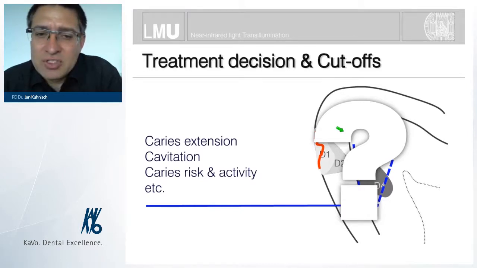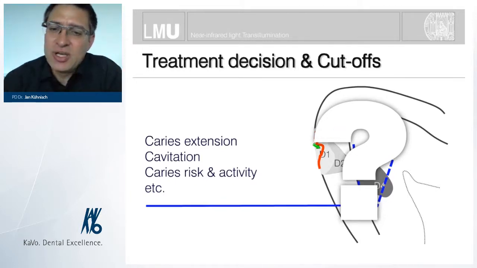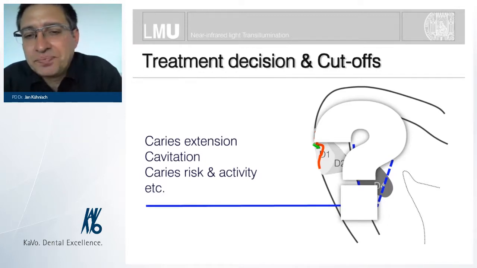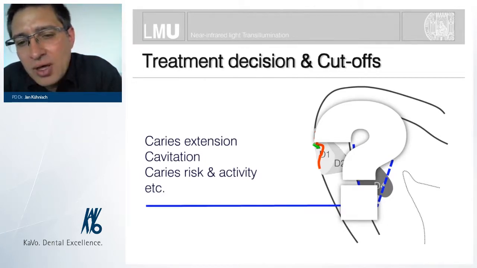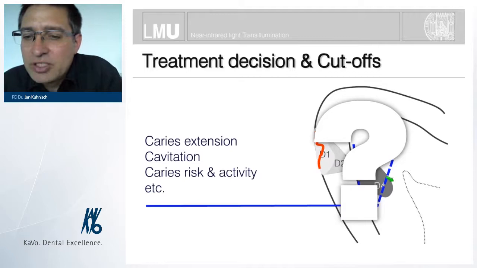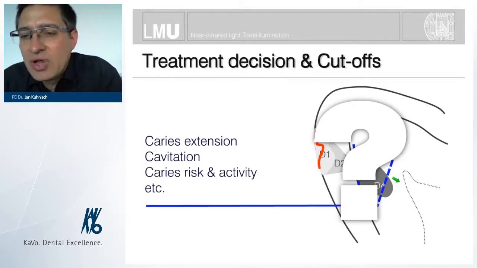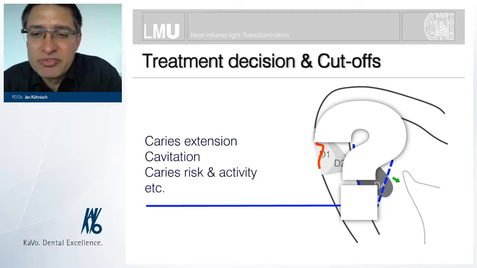What is consented is that cavitation is definitely an indicator for operative dentistry, and furthermore, if the lesion is going deeper and deeper in direction to the pulp, we have to protect the biological tissue of the pulp, and it means a dental restoration would be really fine.